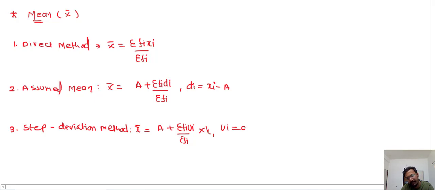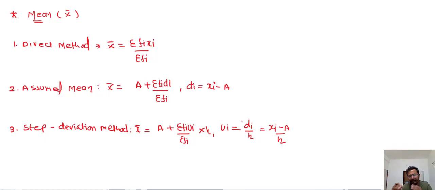If a particular method is mentioned, you must go with that method. If you find it with the direct method, assumed mean method, or step deviation, in all three cases the answer is always equal. Okay, go for the next.